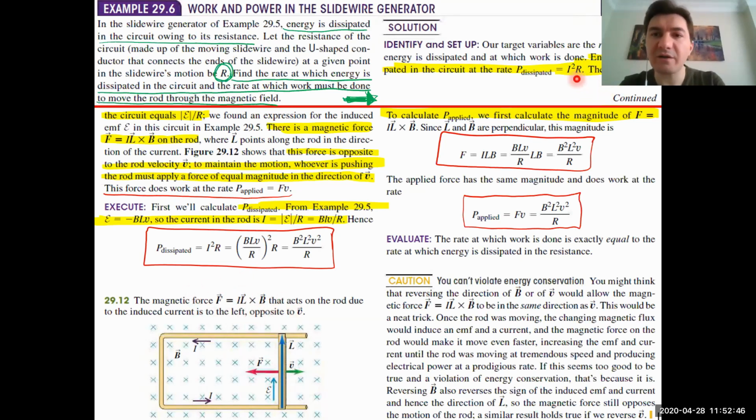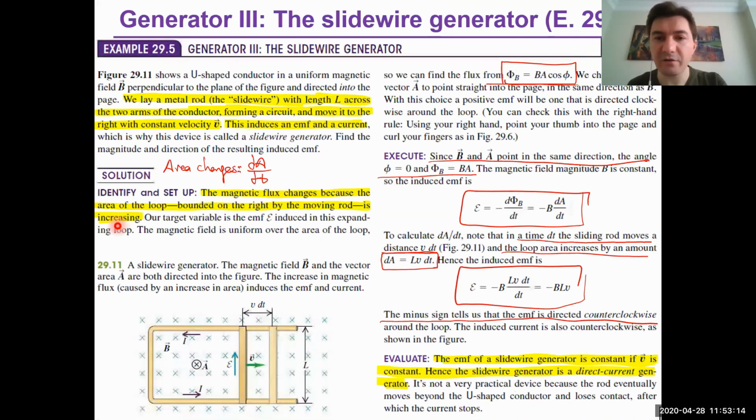So I would like to calculate the dissipated power, which is given by I square R. I know the R, but what is I? From this, I know that the produced EMF within the system is given by minus BLV.